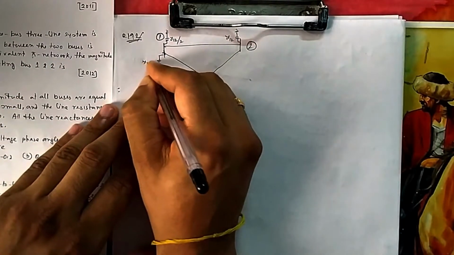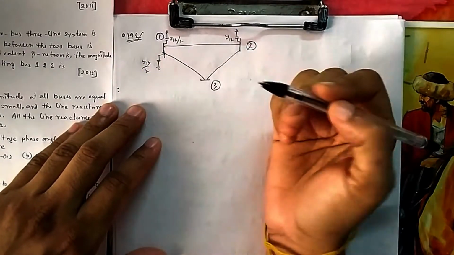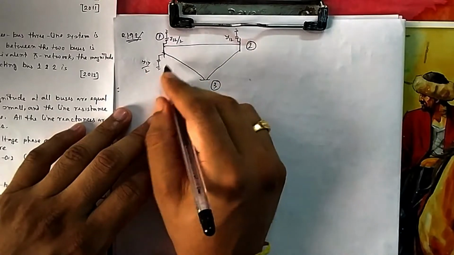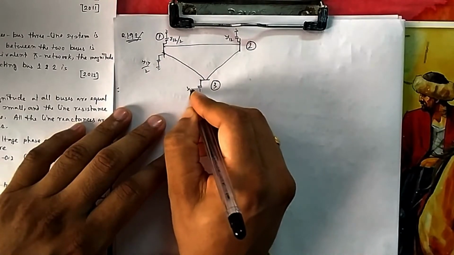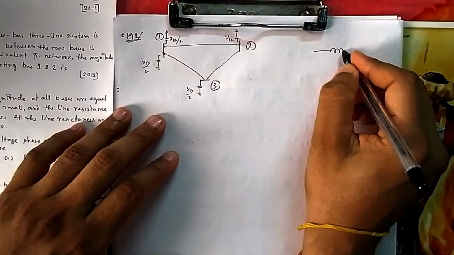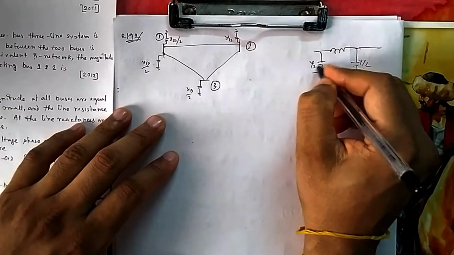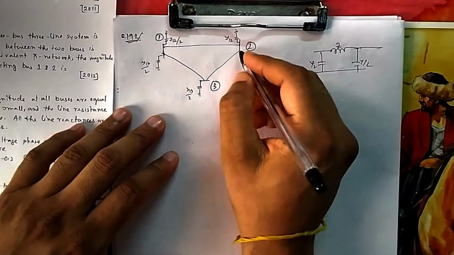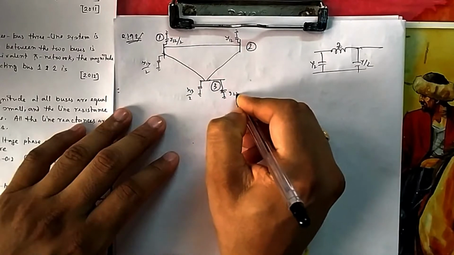So now the shunt susceptance connected at bus 1 is this plus this, and here also due to this line one shunt susceptance will come, that is y13 by 2. You can recall your pi network, two capacitors y by 2 and z. Similarly here there will be one more, that is y23 by 2.